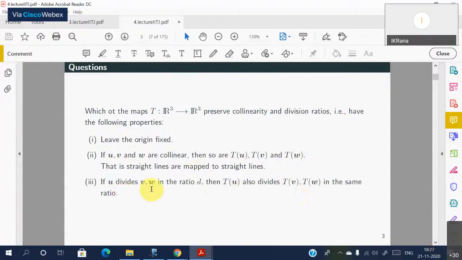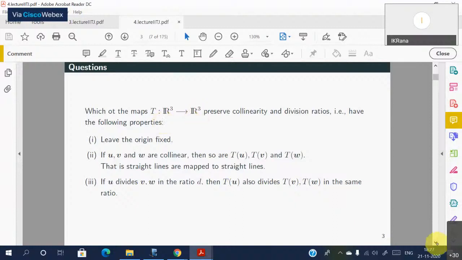If u divides v and w in a ratio d, then Tu divides Tv and Tw also in the same ratio. So that is called preserving the division ratios. So the question is, what are the maps T which preserve the geometry of R3?